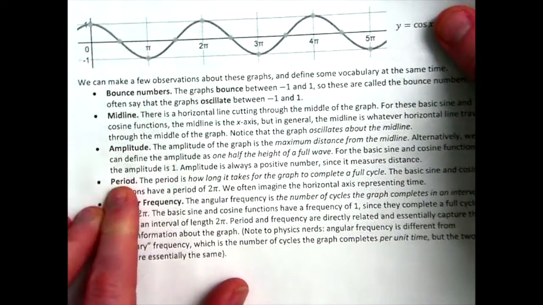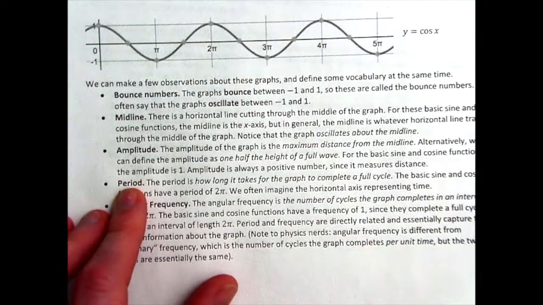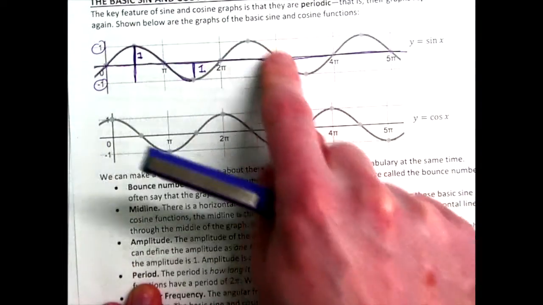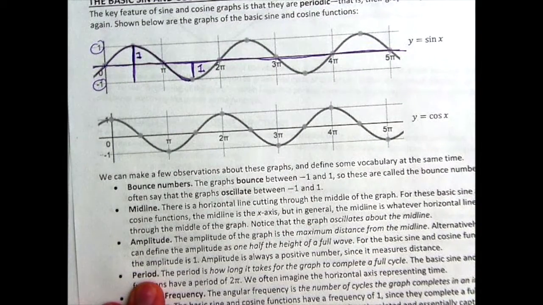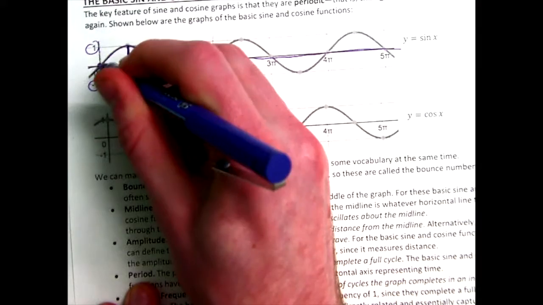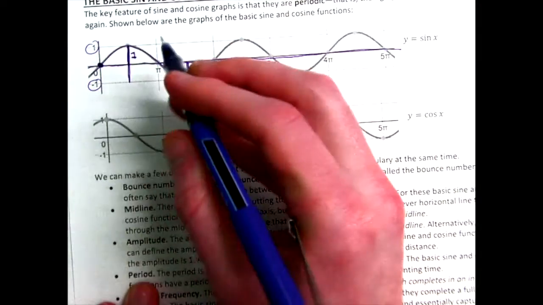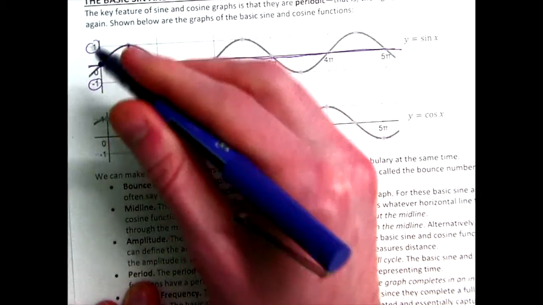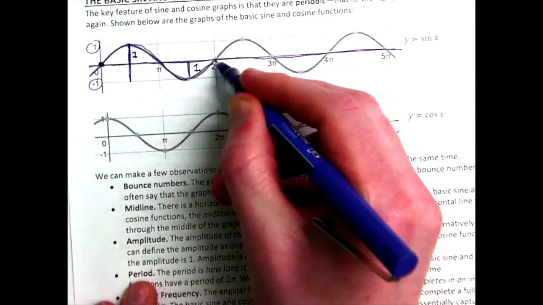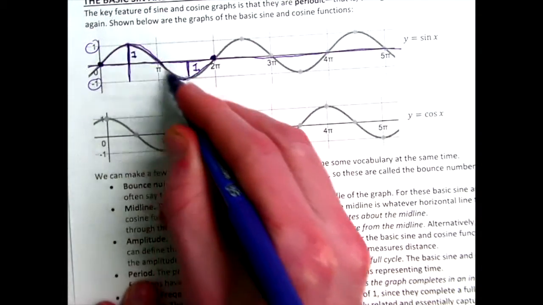Next we come to the period. So the period is how long it takes for the graph to complete a full cycle. As you'll notice, the graph repeats over and over again. For example, if you're thinking that the graph starts right here, looking at the sine function, what does one full cycle look like? Well, let's see. It goes all the way up, all the way down, and then at this point, the graph repeats, right? So this is one full cycle right here.